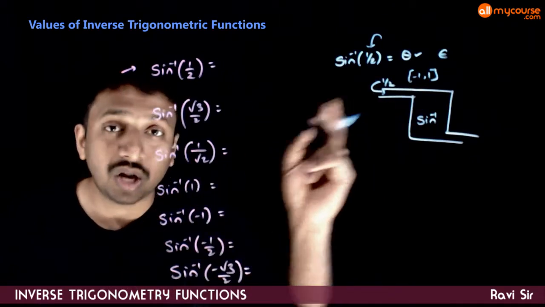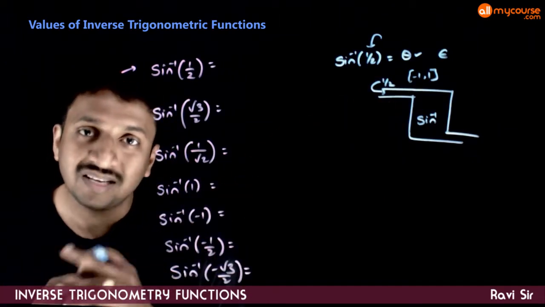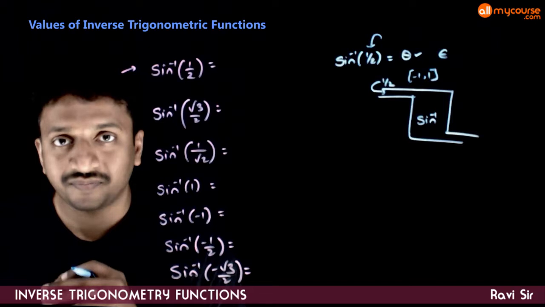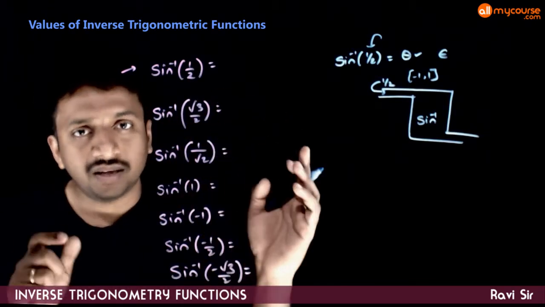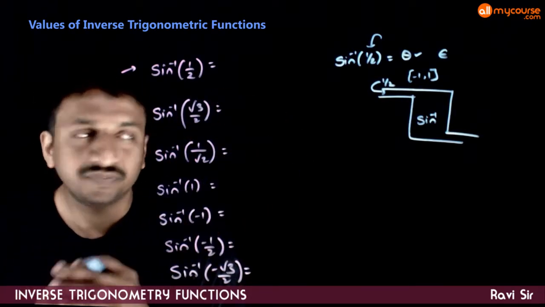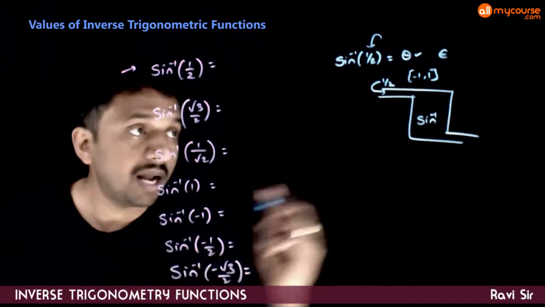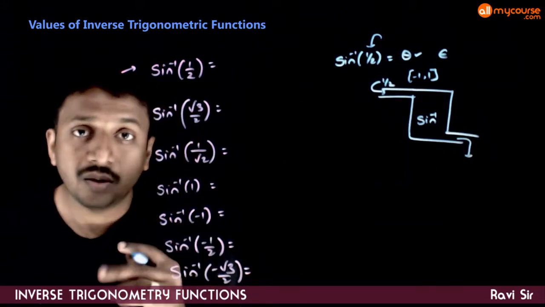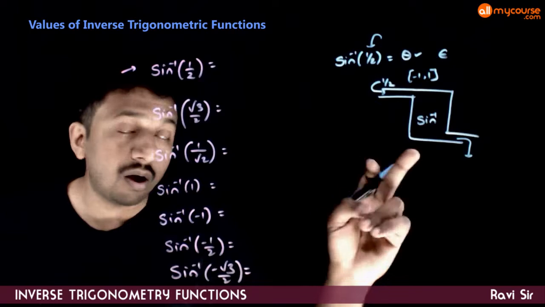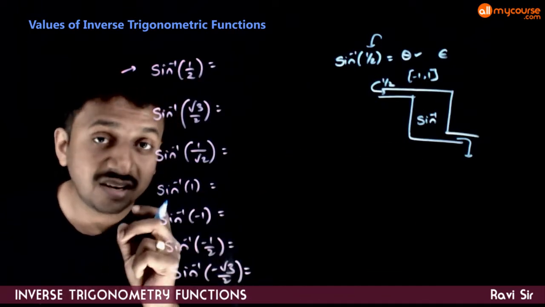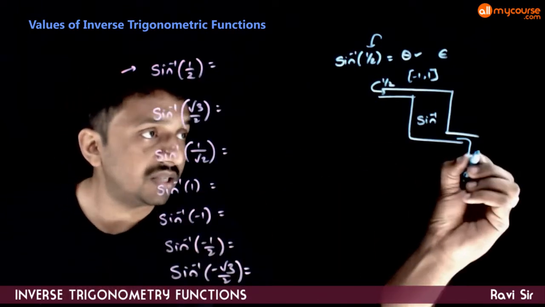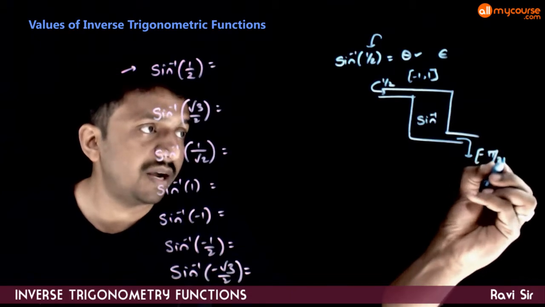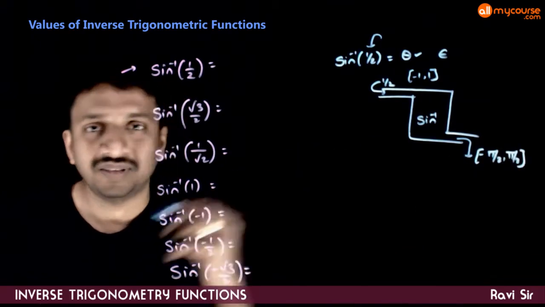If the number is outside minus 1 and plus 1, sine inverse will not be defined. So half is in between minus 1 and plus 1, so it is okay. And what are the angles that come out of sine inverse? That is the range of sine inverse, which is minus pi by 2 to pi by 2.